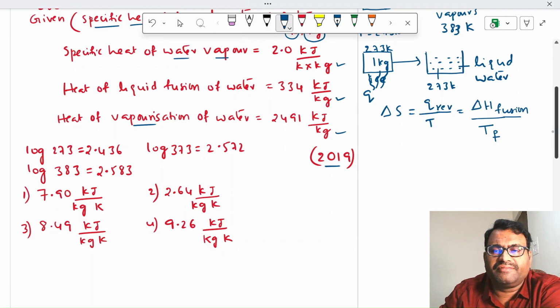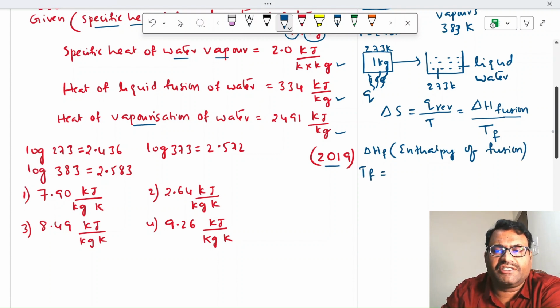Freezing point. Delta H of F is the enthalpy or heat of fusion, whereas TF is the freezing point. Now solve it.